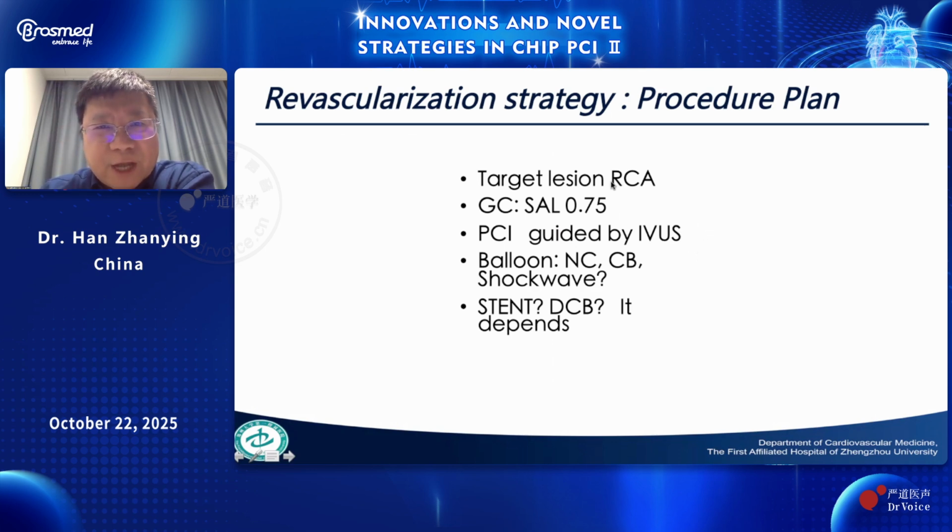The targeted lesion is the RCA, with PCI guided by IVUS, using an NC balloon, a cutting balloon, maybe shockwave, stent, DCB. It depends on the operation procedure.